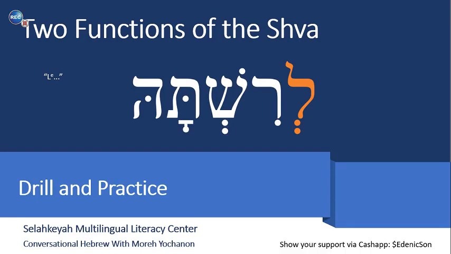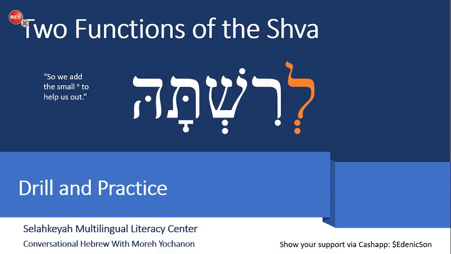This shva under the lamet indicates a blend. It may be hard for English speakers to picture the L and the R blending together. So we add the small superscript E to help us out.